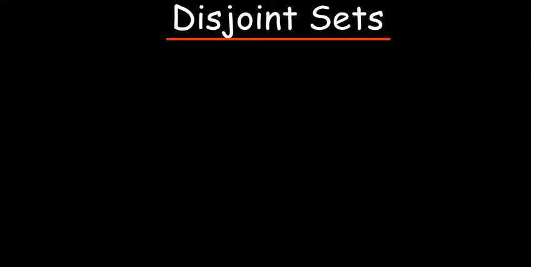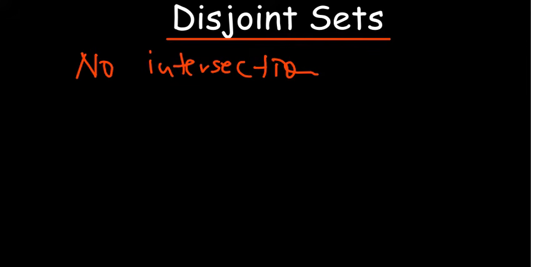Have you ever heard of disjoint sets? By simple definition, disjoint sets are sets that do not share any elements. In other terms, there is no intersection. The intersection of disjoint sets is an empty set.